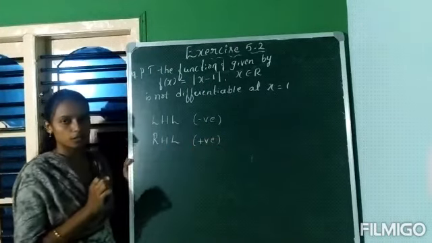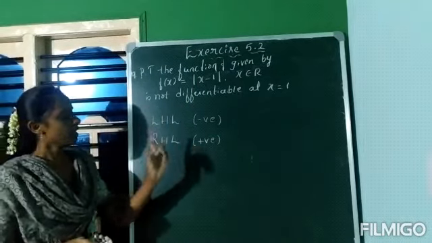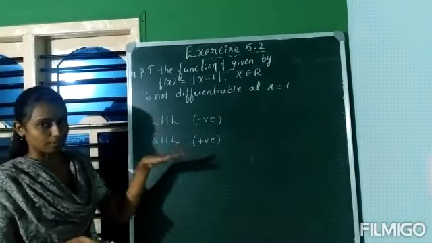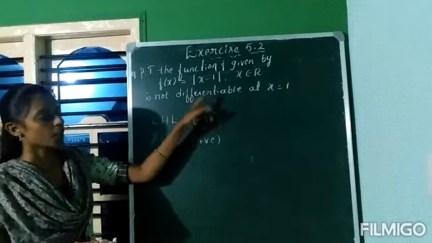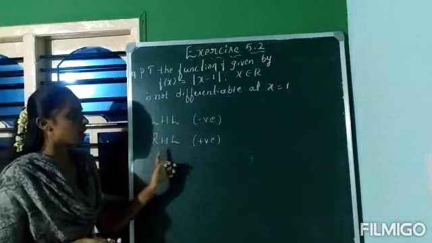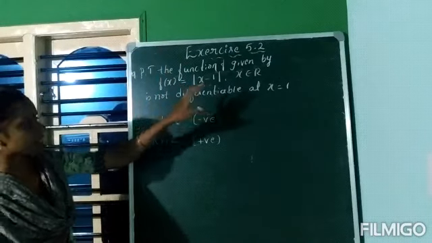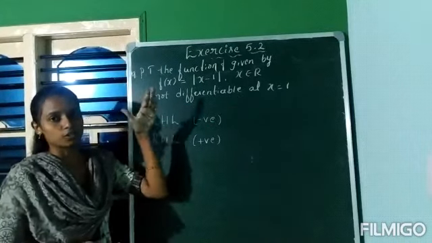Once you apply the limit, if you get the same value, then it is differentiable. If the values are different, then you can say it is not differentiable. That is what we are going to prove.